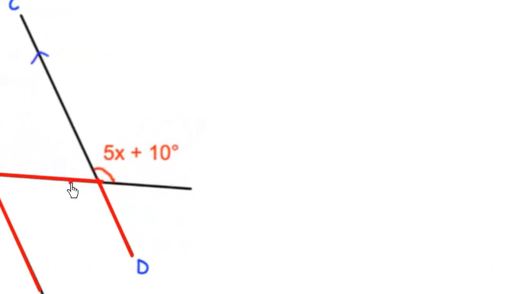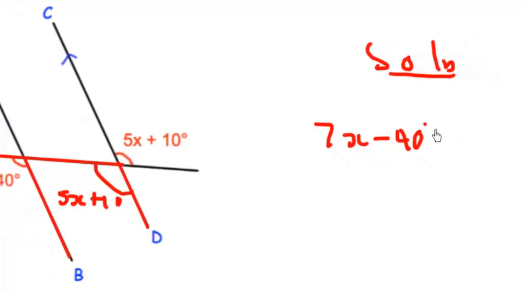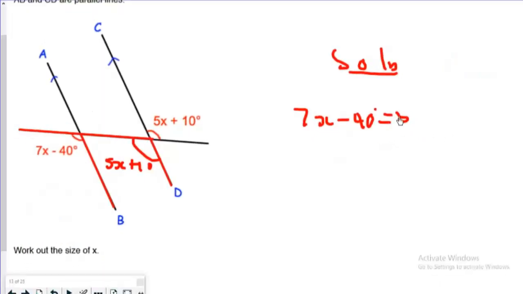We know that this is vertically opposite to this, so this angle is also 5x plus 10. Corresponding angles are equal, so 7x minus 40 will be equal to 5x plus 10.